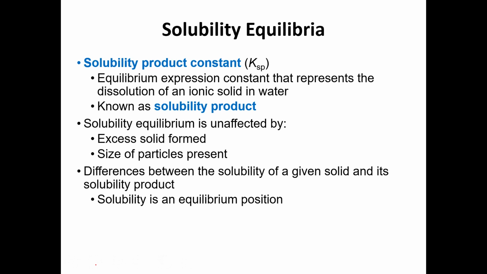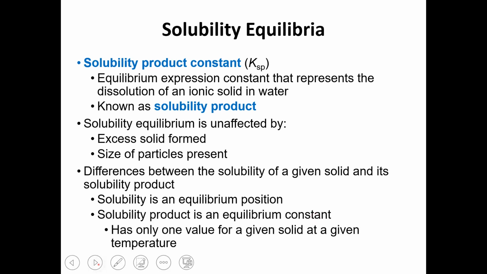So, the solubility of a given solid and its solubility product: the solubility is an equilibrium position. Just like everything else, we're still going to have things going in both directions. We're still going to be forming some of the solid and forming some of the ions, but we're at equilibrium. The rate is the same in each direction.